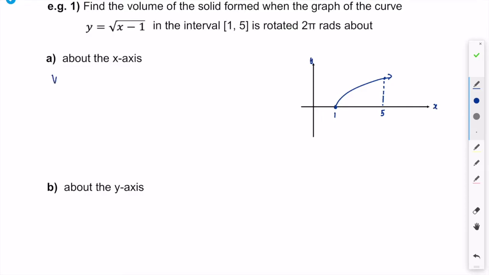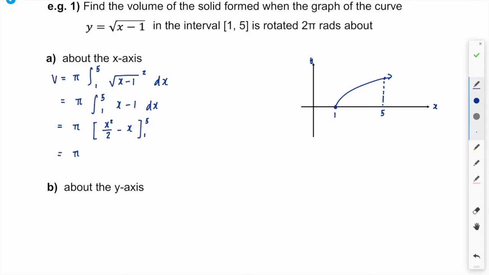So using the formula, the volume is pi integral from 1 to 5 of this function squared dx. Simple enough. We have pi integral from 1 to 5 of x minus 1 dx, which implies I have x squared over 2 minus x from 1 to 5.